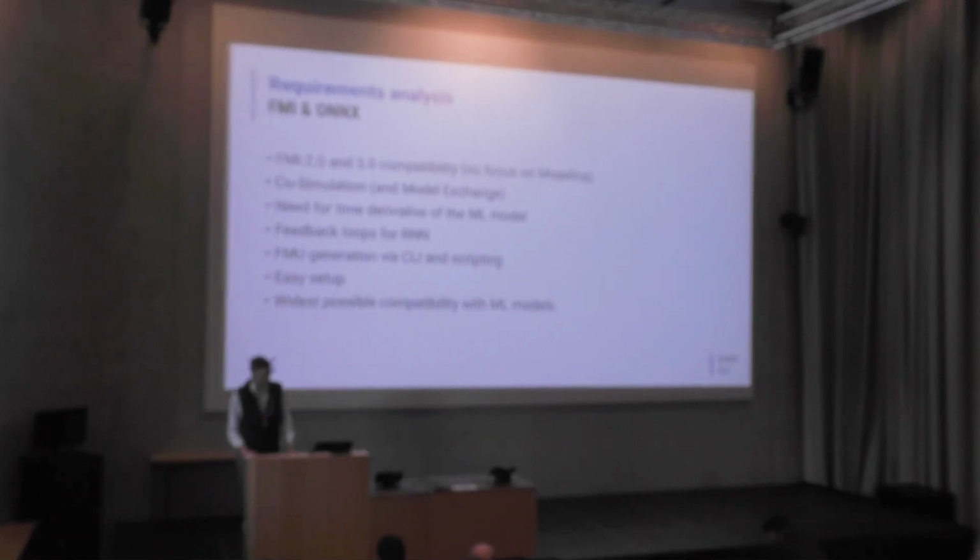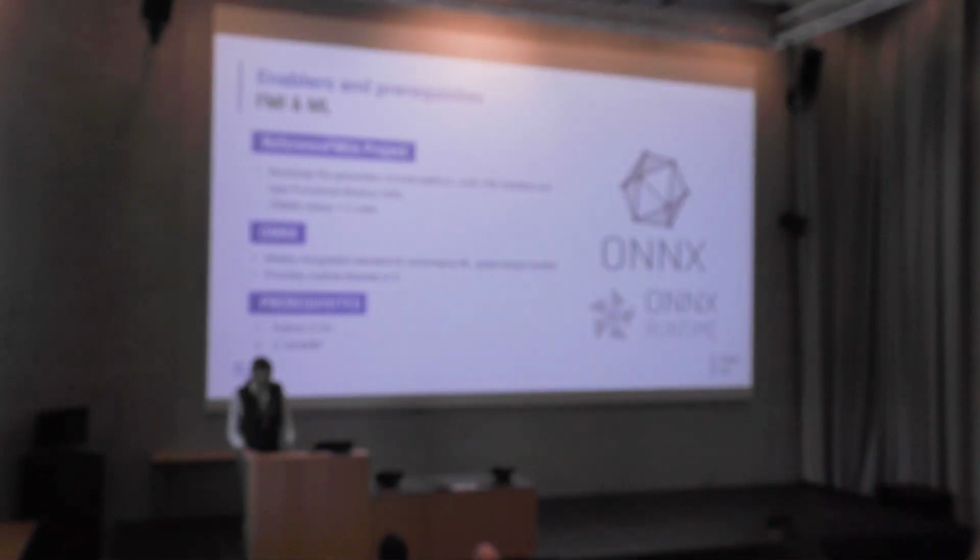So this gives me the chance to talk about the enablers and prerequisites that enabled this project. In particular, we started from things that were already present and open source, available from the Modelica Association GitHub page, and specifically from the Reference FMUs project.